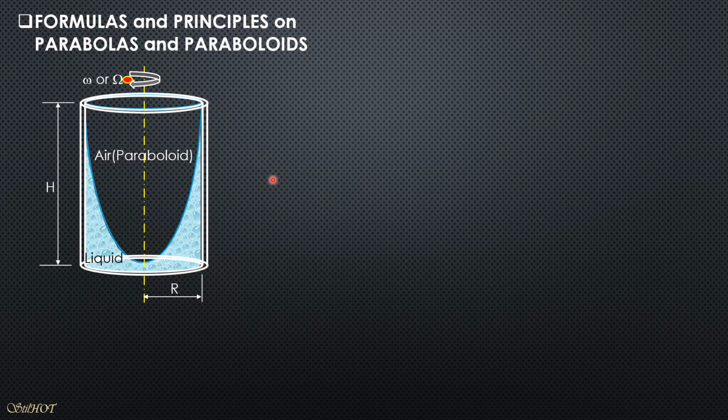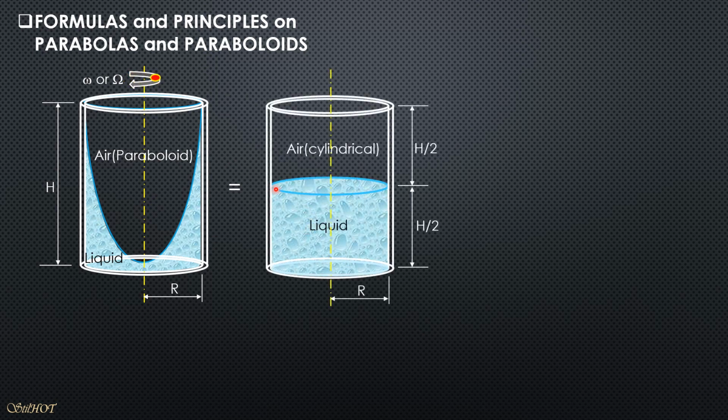So that is volume equals, or when the tank is stopped, when the rotation is stopped, then the liquid will be in equilibrium and it will have the surface here which is half the depth.